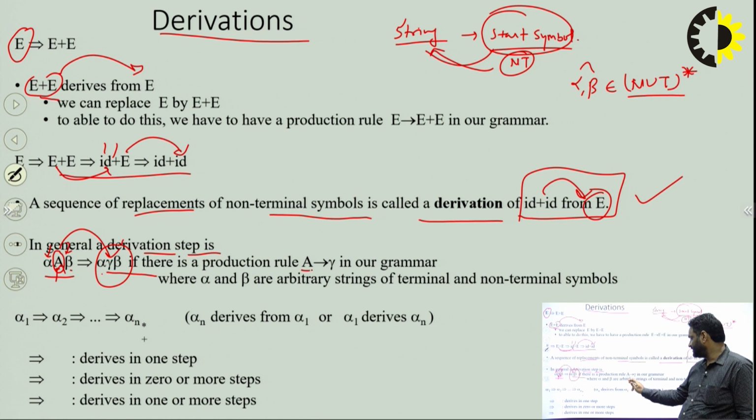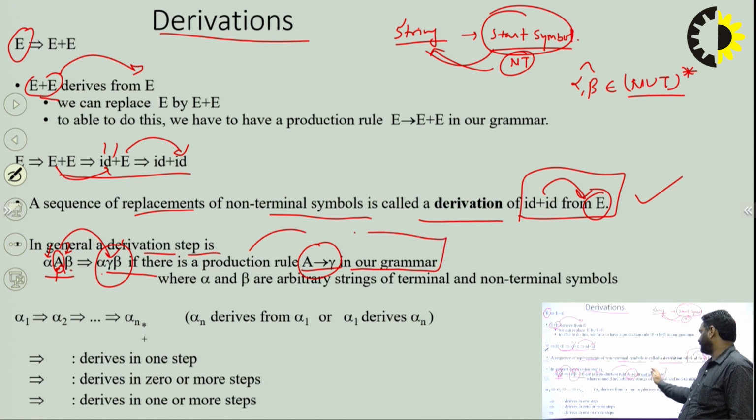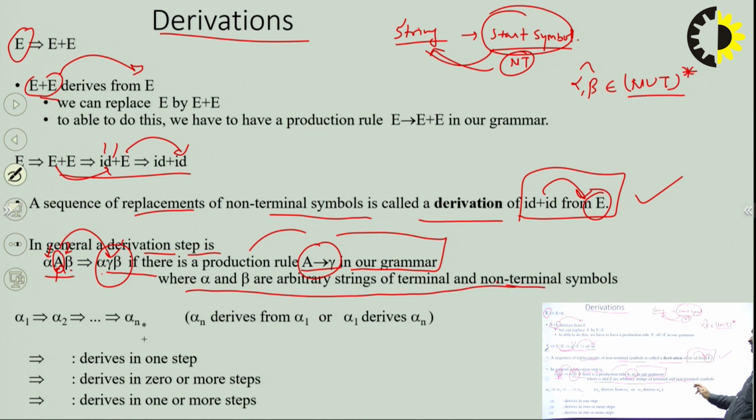That is, this production will be there in the production rule set. So in our grammar, alpha and beta are possible combinations of terminal and non-terminal symbols.